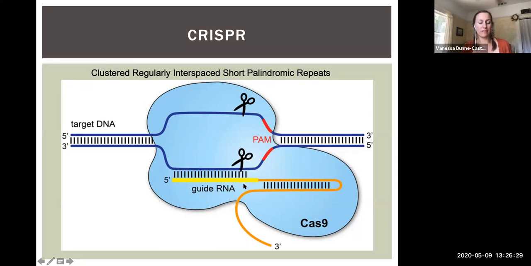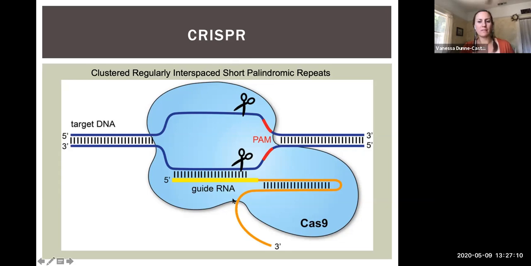So the next time around, if that same population of bacteria gets infected with that same bacteriophage, that little viral DNA segment or RNA segment that has been put into this memory system will have the CRISPR-Cas9 system immediately target that same gene segment on that viral DNA. And when that guide RNA matches up with a target DNA, these endonuclease enzymes that are part of the system will come and just cut out that DNA sequence. So this is what the CRISPR system is about.